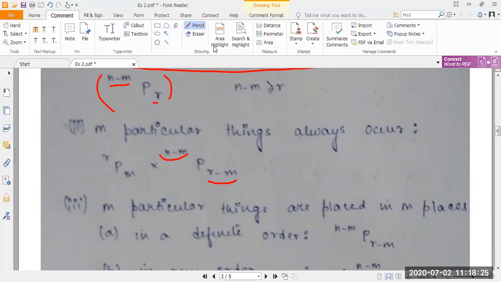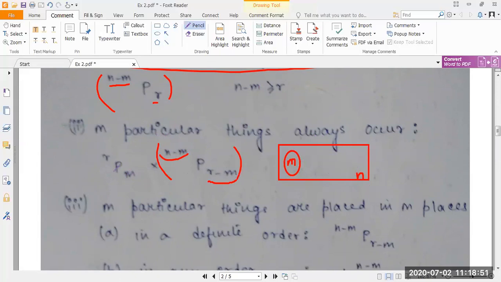So let's say this is my set of n things, and I want m balls always to be there. I already have selected these m balls, so I just need r minus m more balls from the remaining portion. So I have n minus m P r minus m.